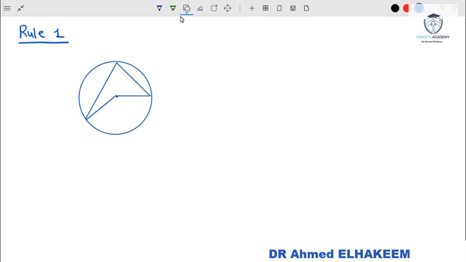And now we have some shape. This shape is like an arrow. You can see it like an arrow inside the circle, yes?